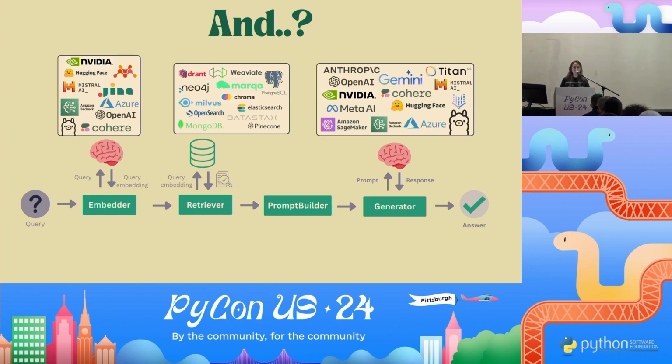Then a retriever that retrieves documents from whatever database you want to use. In the Haystack world, we call this the prompt builder. You can simply think of this as building an instruction for a large language model. And then a generator that queries a model provider and produces, hopefully, an answer.